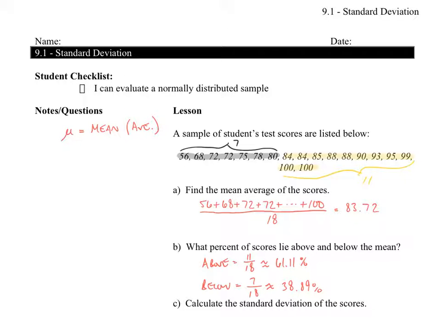But that's not always the case, because what we're going to see is that in some sets of data, we have numbers that really weigh down the average a lot on one end or another. And in this case, we end up with a few numbers that are really, really high, that are dragging us in the above the mean average direction, and numbers that are not as below the mean as some of the numbers that are above the mean.